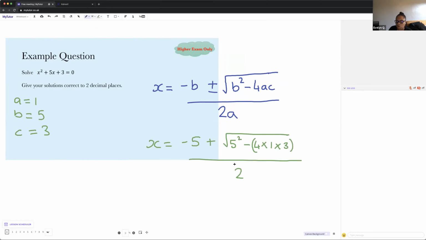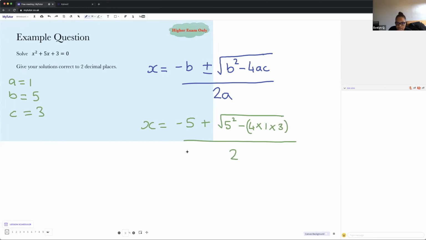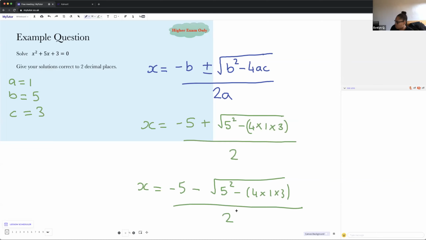So that will be your answer. Once you put that into the calculator, that will be your answer for one of the x's. Your other x will be minus 5 minus the square root of 5 squared minus 4 times 1 times 3, all divided by 2. So if I use my calculator quickly just to work that out.